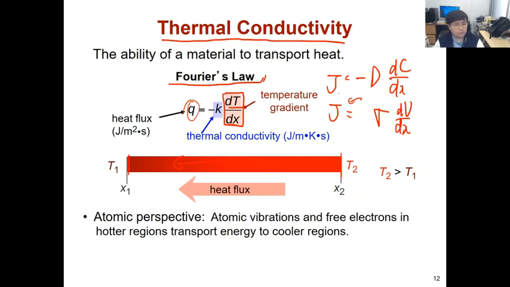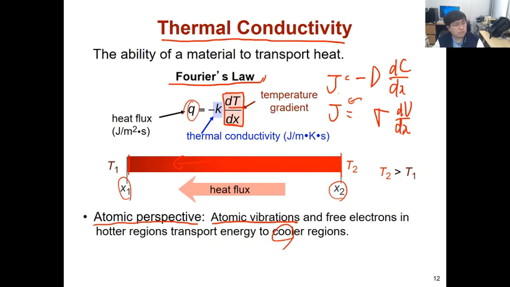That is also strongly affected by the length. If there is a short length, the heat must flow very fast, but if there is a long enough path, the heat flux can be slow. From the atomic perspective, heat transfer can be explained by the transfer of atomic vibration or free electrons. So in other words, cooling means that the vibration motion is reduced.